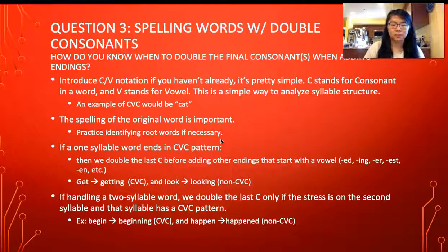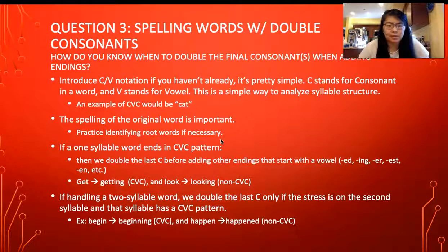Spelling of the original word is important, so you need to be able to identify the root word. If a one-syllable word ends in a consonant, vowel, consonant, CVC pattern, then we double the last consonant before adding other endings that start with a vowel, because some endings don't start with a vowel, like ness, N-E-S-S, the appropriateness of a situation.